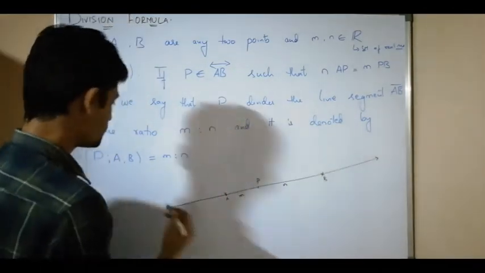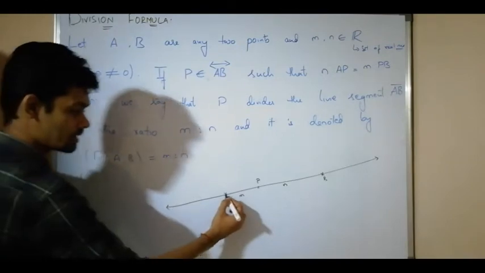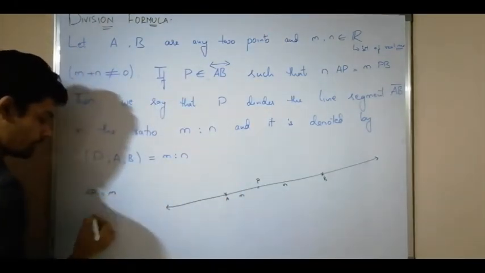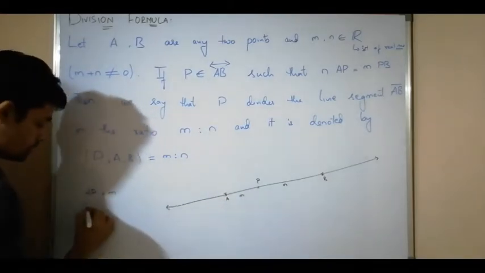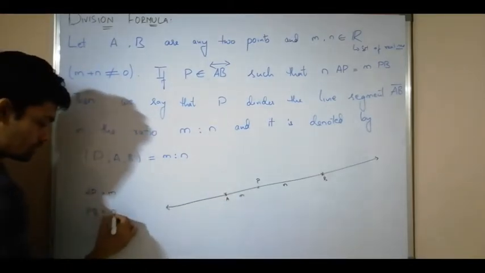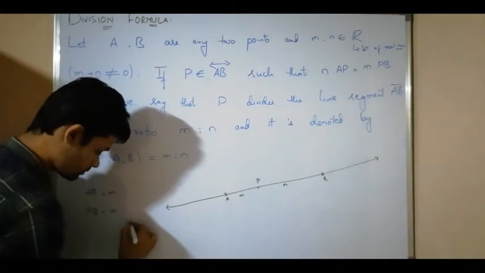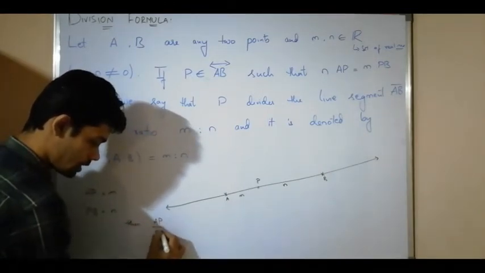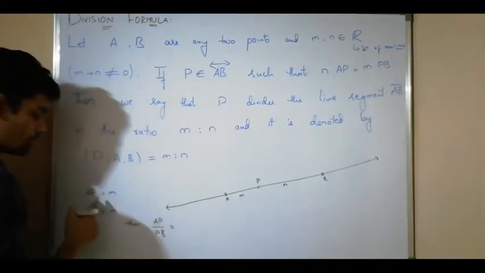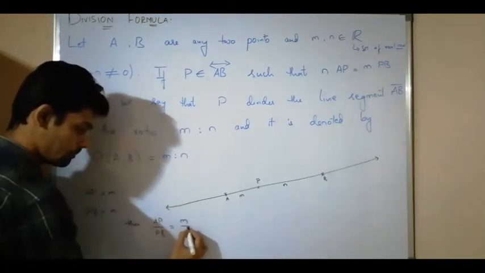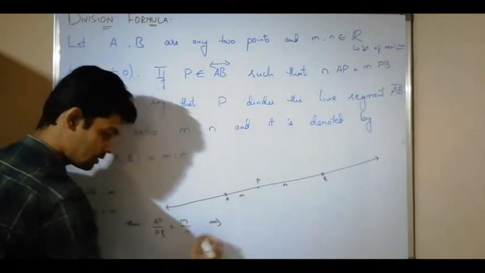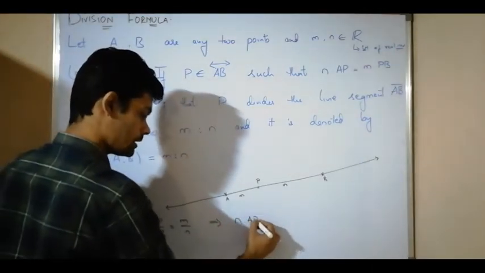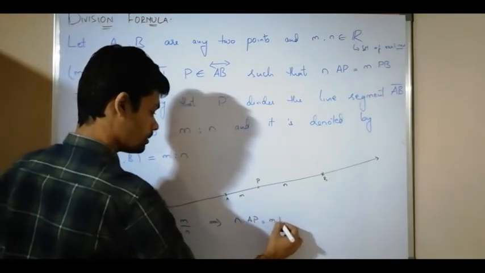Let us say the distance of AP is equal to m, the distance of PB is equal to n. Then AP by PB is m by n. Cross multiply: n into AP is equal to m into PB.